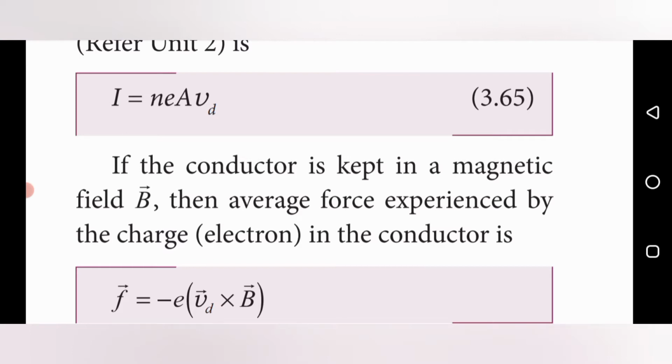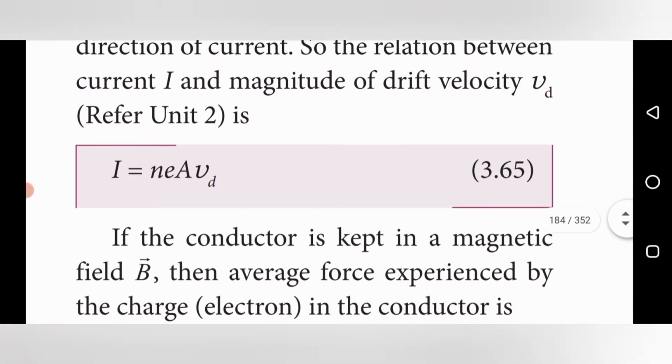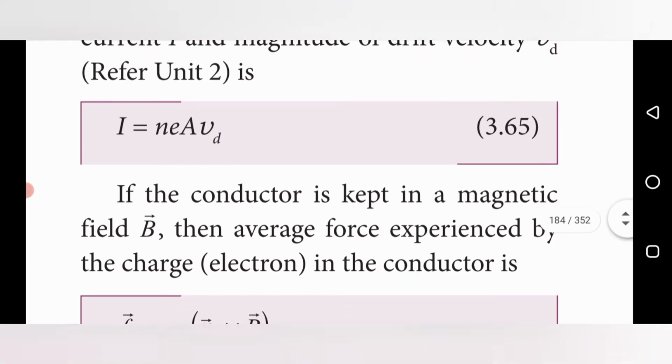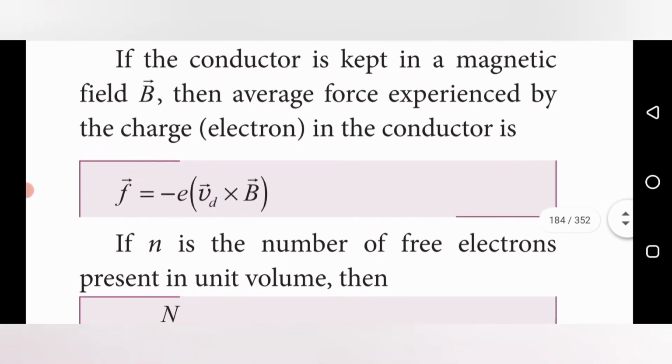First we write the relation between the drift velocity and the current: I is equal to nAe Vd. Next, the conductor is present in the uniform magnetic field, B vector. The average force experienced by the charge, here the free electrons present in the conductor, is a small f.